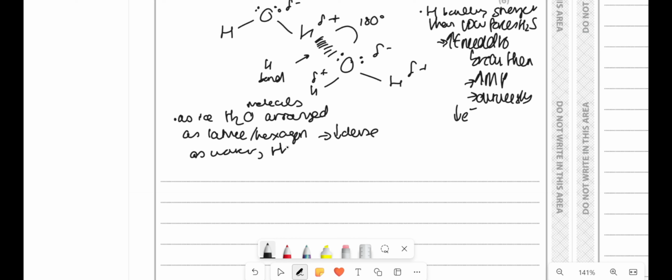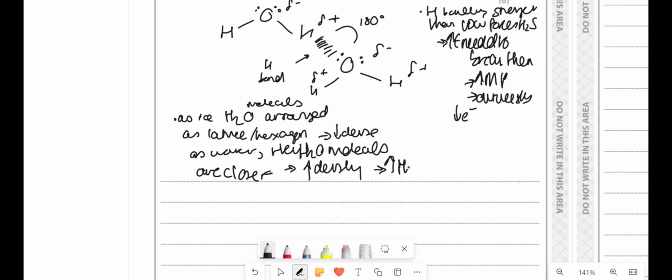As water, the water molecules are closer. So you've got more density because there's more particles, so there's more H2Os in a given volume. That's exactly why ice floats on water.